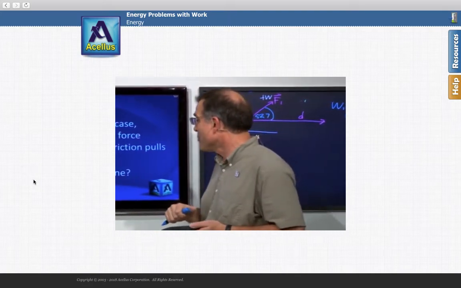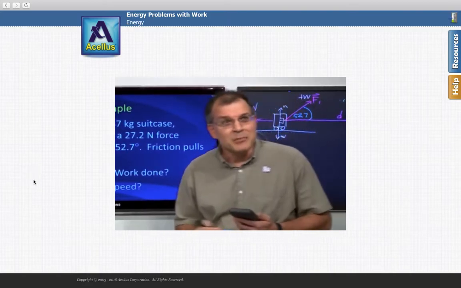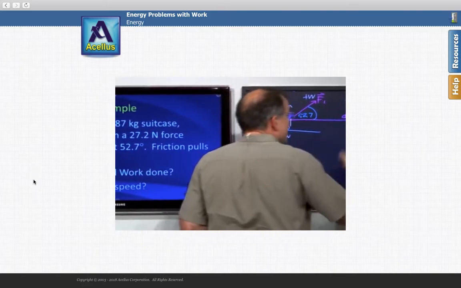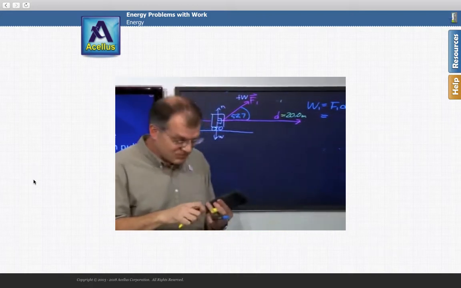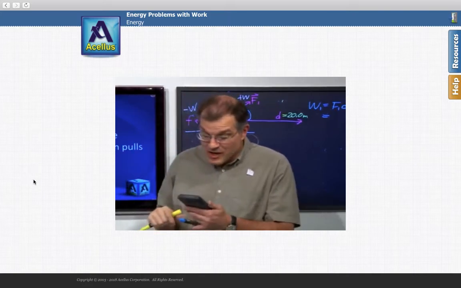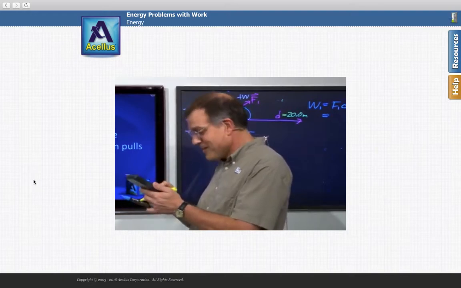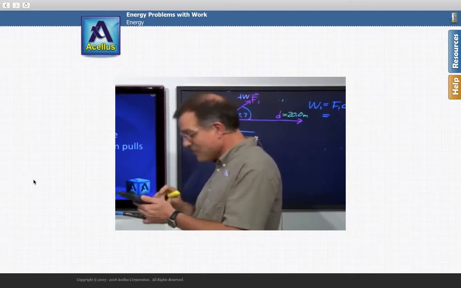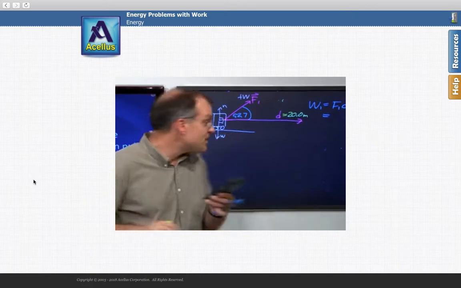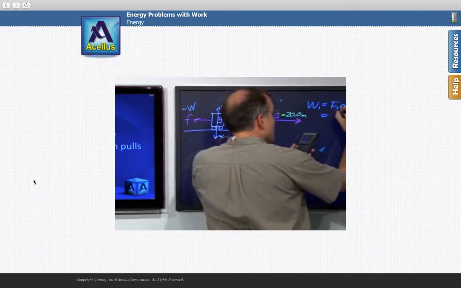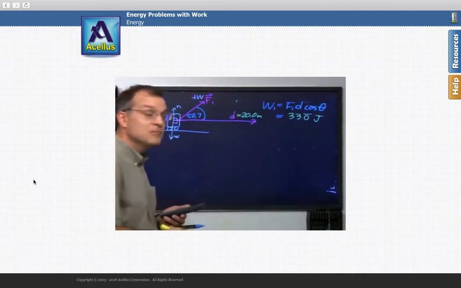So whoever wrote this problem really needed to put a distance in. So since it was me, I'm going to add a distance. Let's just say that she pulled it by 20 meters. Sorry about that. Okay, that is necessary. So now that we've got D, we've got F times the distance times cosine of the angle. And so this force did 330 joules of work, and that 0 is significant.